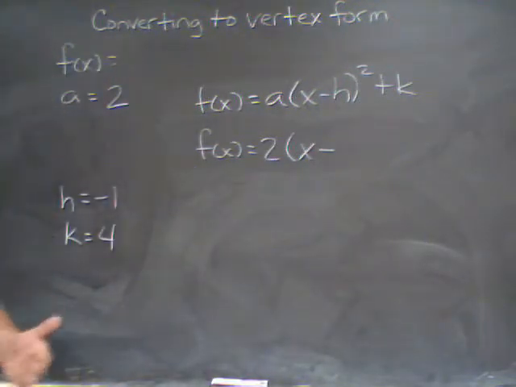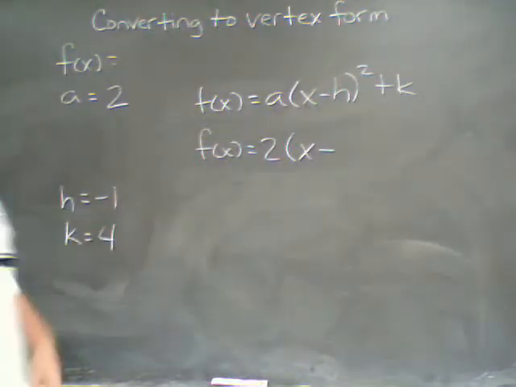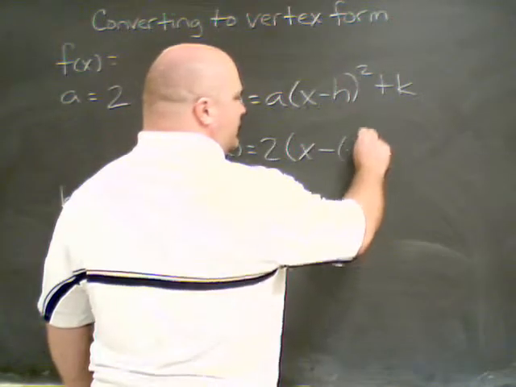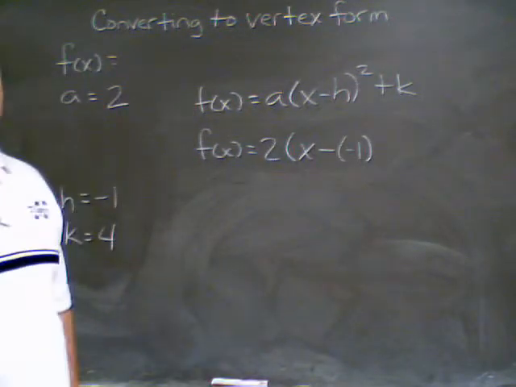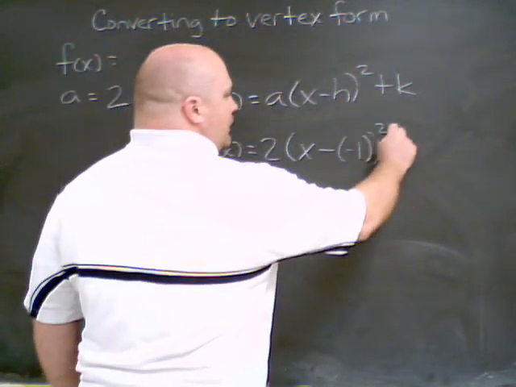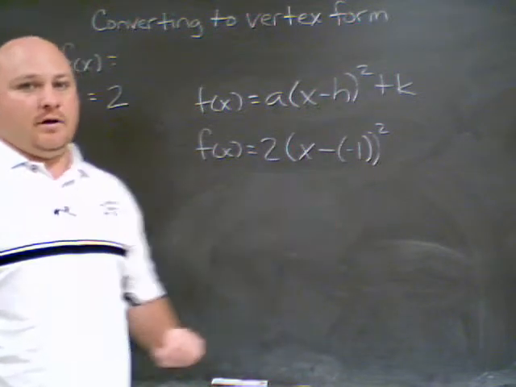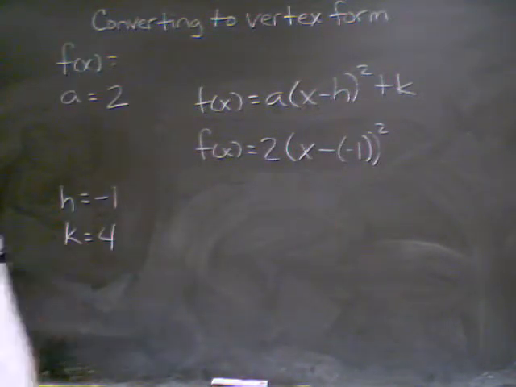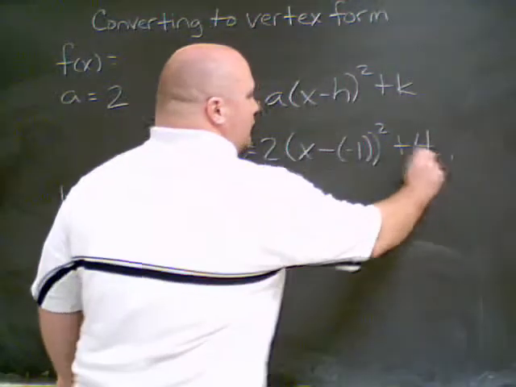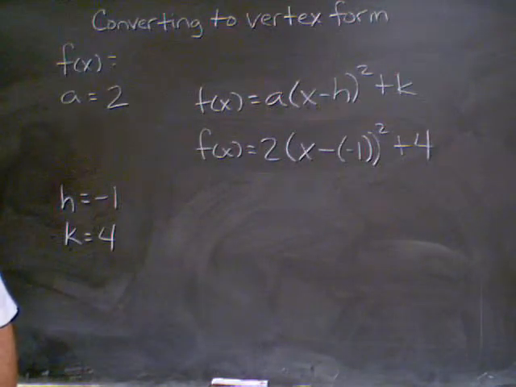Now if I do x minus and h is negative, it's going to be subtracting the negative 1. If I close my parentheses, it's going to be x minus negative 1. If I add k to the end, it's going to look like that.